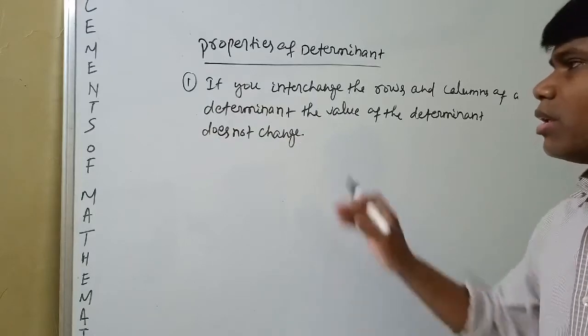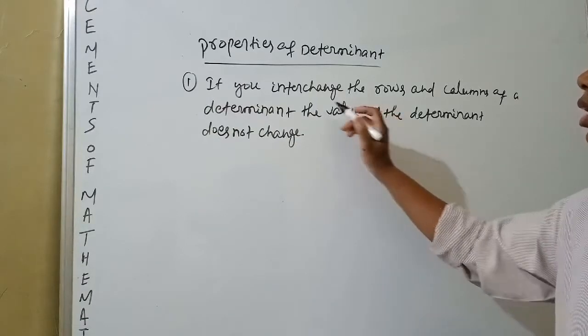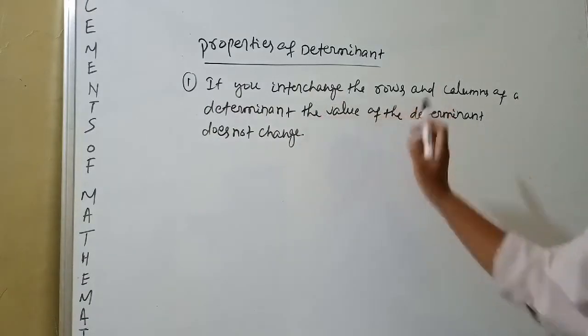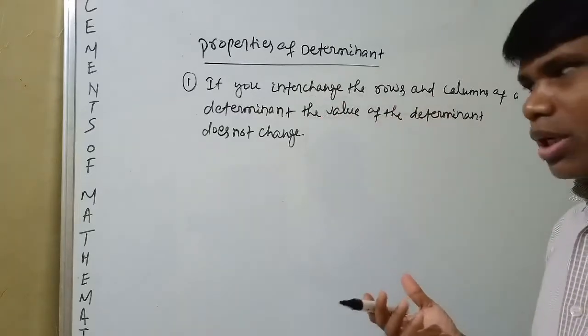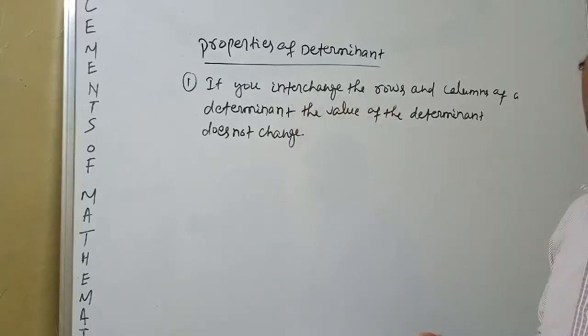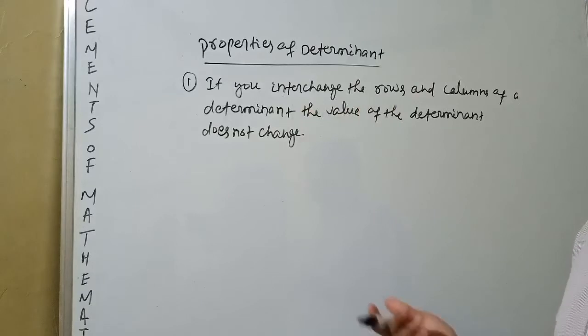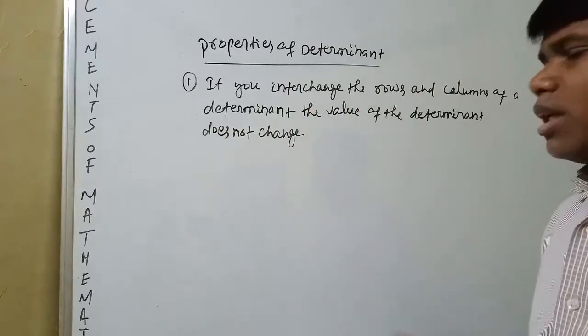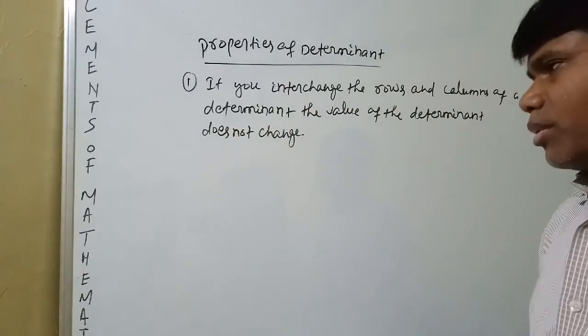That means before interchanging the rows and columns, whatever the value, after changing row to column and column to row, the value of the determinant remains same. Let us see a small example.